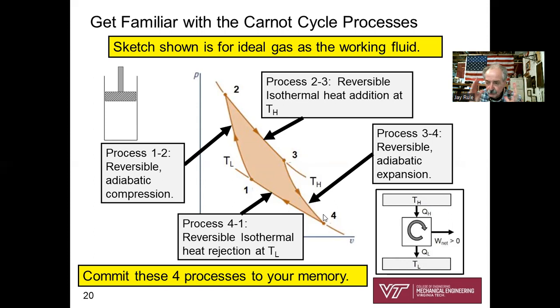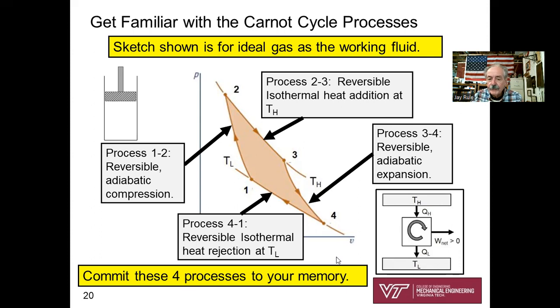It's a little harder to visualize, but I'm going to suggest that there have been a couple of homework problems where we have rejected heat from a substance inside a piston and cylinder at constant temperature, okay, to get back to where we are. So in other words, the pressure's going up, the volume's going down, and that's reversible isothermal heat rejection, okay. So those are the special 4 processes associated with the Carnot cycle, okay.